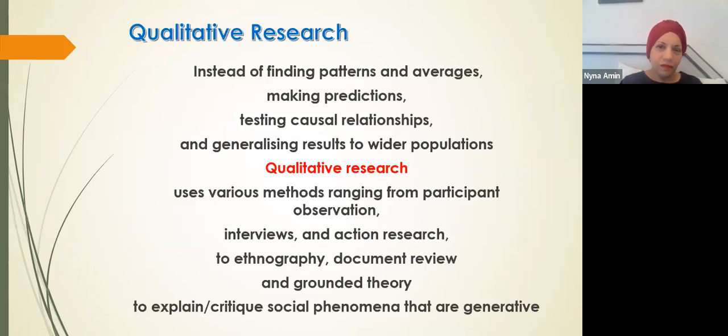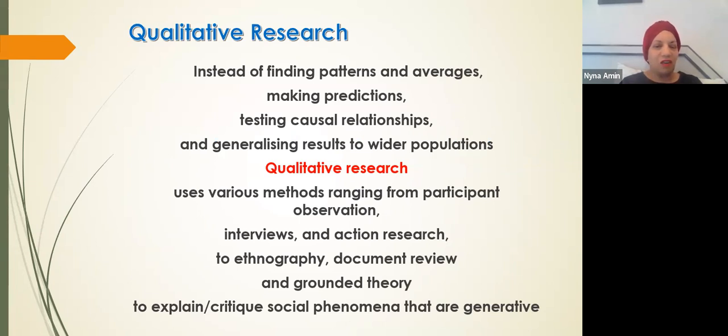So in terms of qualitative research, the biggest difference is that instead of finding patterns and averages or making predictions and testing causal relationships, in the qualitative approach there are various methods that are used.